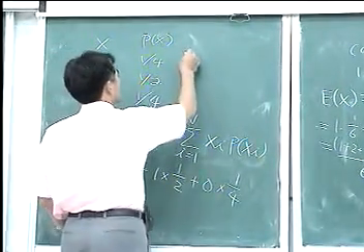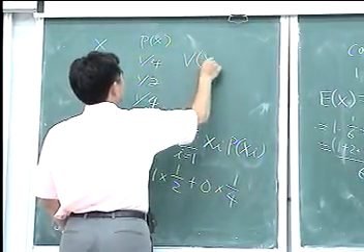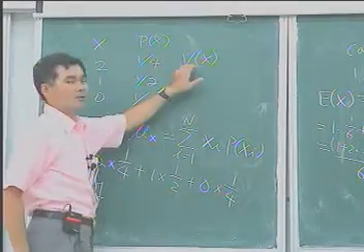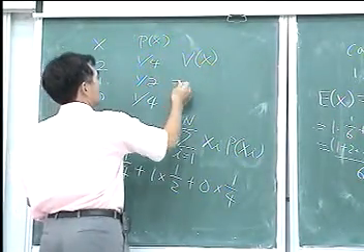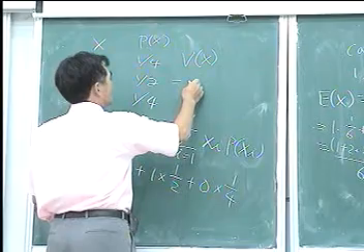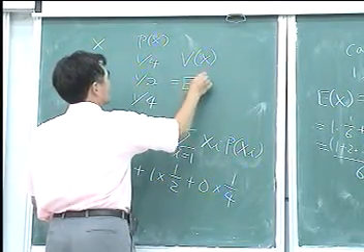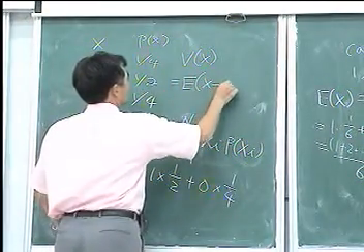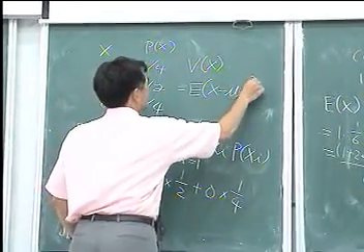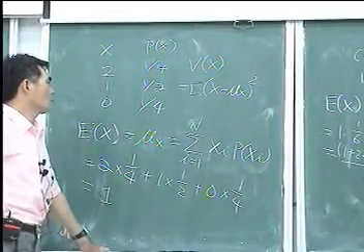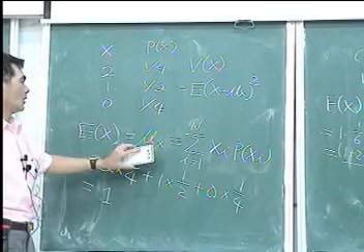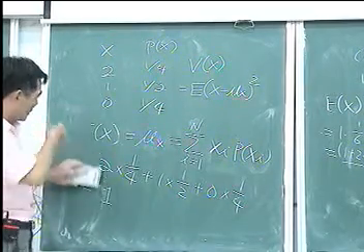So in this case, what is variance of x? We put down variance x. That would be the expectation of (x minus mu x) squared. What does this mean?